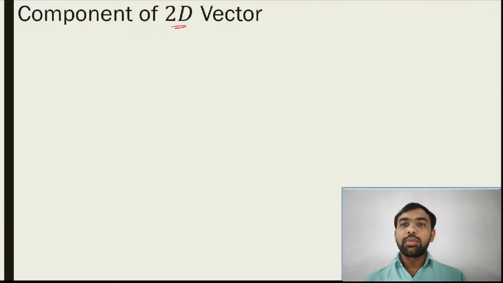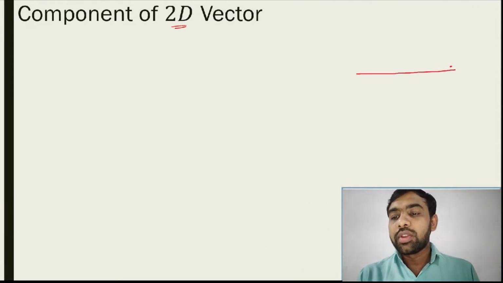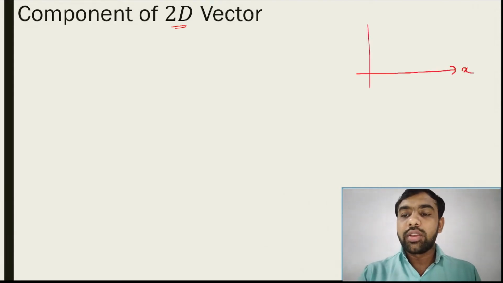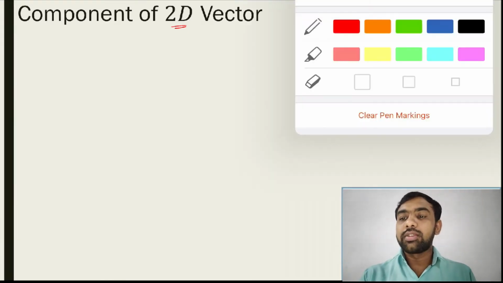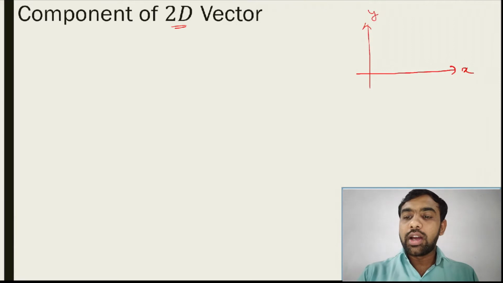That is two dimensions. Suppose you consider any two dimensions, x and y, y and z, or z and x. Let's consider x and y. Suppose here is the x axis and here the y axis. Your vector r is like this, at an angle theta with the x axis.